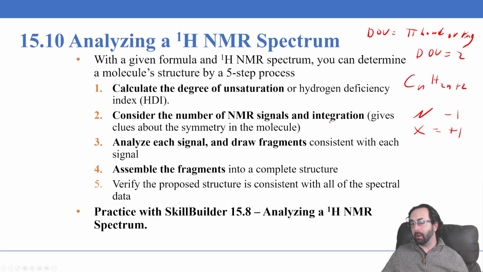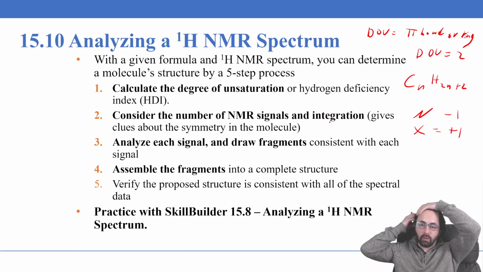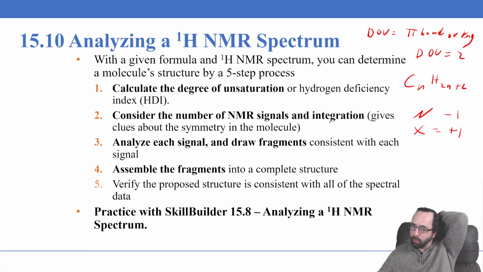Finally, we consider how many NMR signals we have and see if that agrees with the number of chemically equivalent protons. We analyze each signal. We draw fragments that might be consistent with each signal. For example, we saw really obvious patterns that correspond to isolated ethyl groups and isolated isopropyl groups and isolated tert-butyl groups and so on.